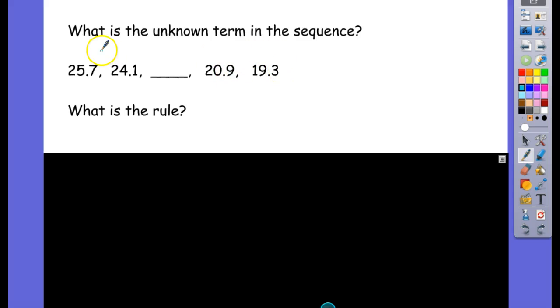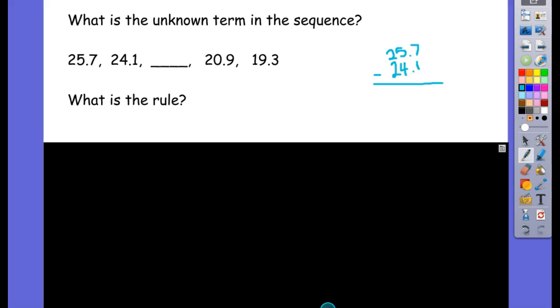So I can tell that the pattern is decreasing, so I know that my rule is that I am subtracting. What I'm subtracting, I don't know yet, but I'm subtracting a number each time I get a new term.